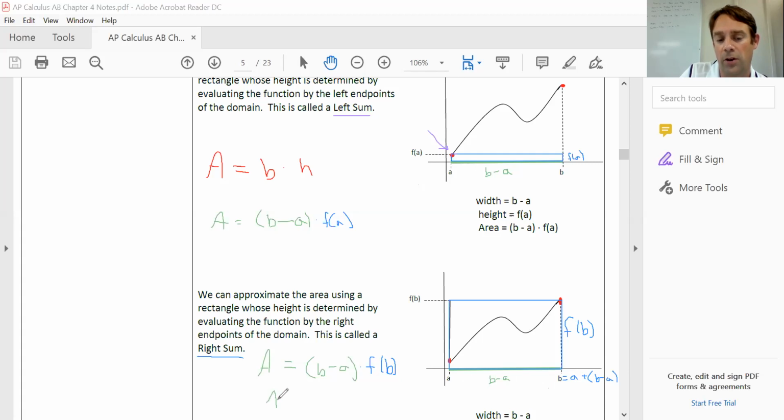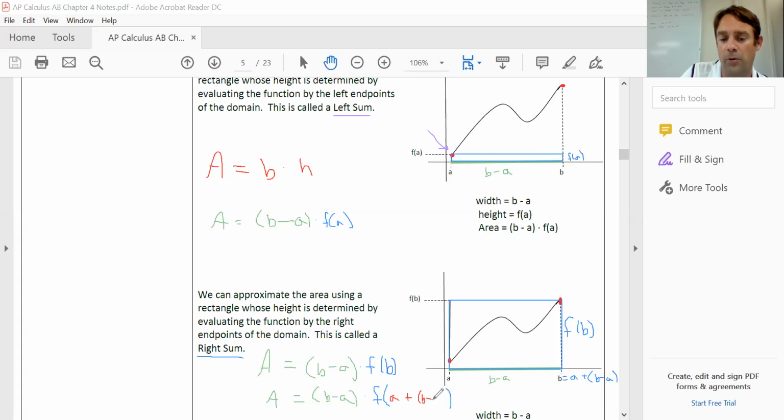This area can also be looked at as the width of our rectangle times, instead of B, some people like to think of it in terms of the starting value, so A plus whatever that width would be.